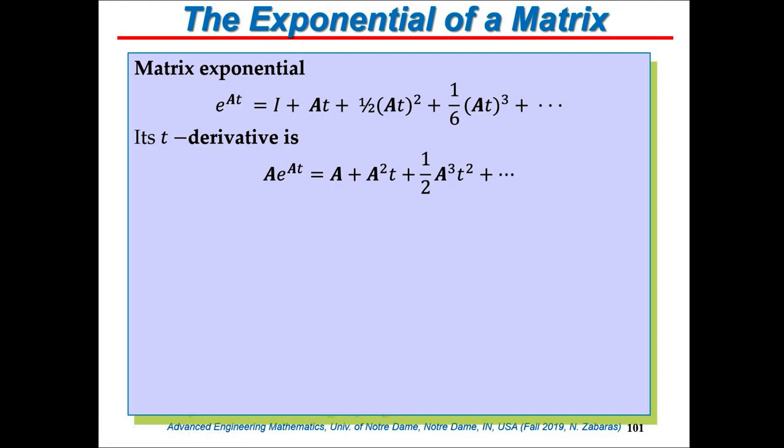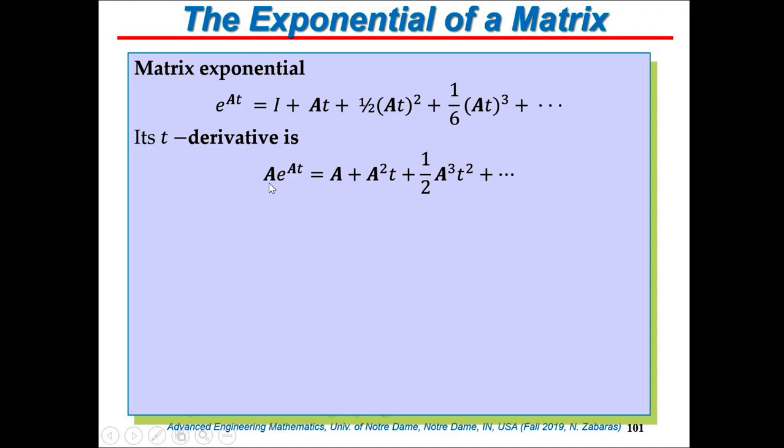I claimed before that the solution of my differential equation was e^(At) times u0, and you can plug this into our differential equation and convince yourself that this expansion, with this derivative, satisfies the differential equation.